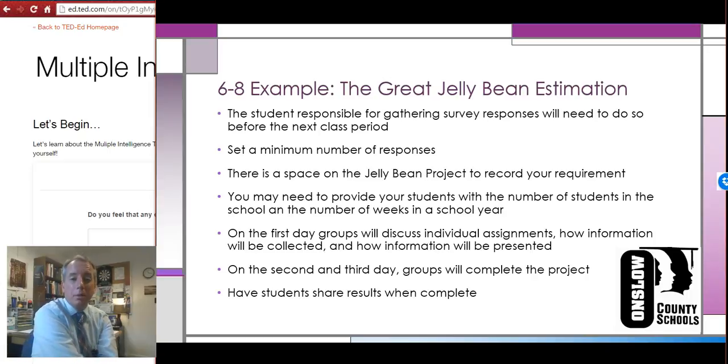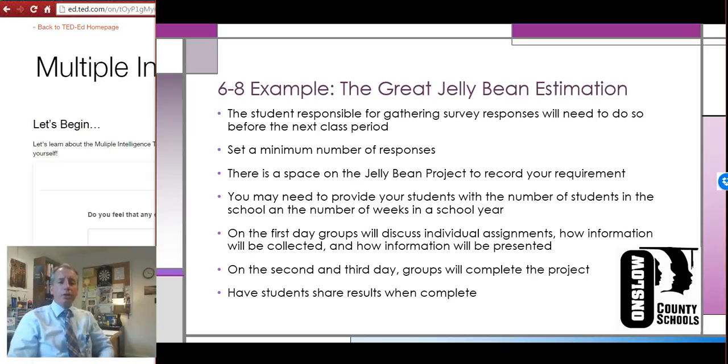Probably want to set a minimum number of responses so they don't have a group that gets 2 answers. And they're going to need to record their data. We as the teacher are probably going to need to just say, all right, this year we have 38 weeks, or 36 weeks in a school year, or something like that. That's probably data that we're going to need to give them.